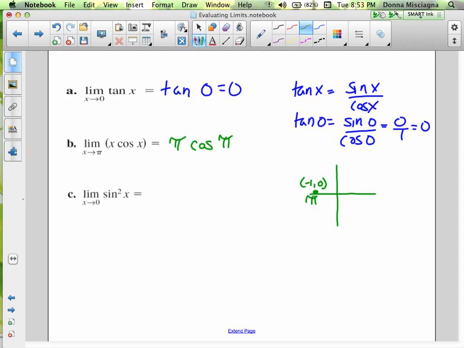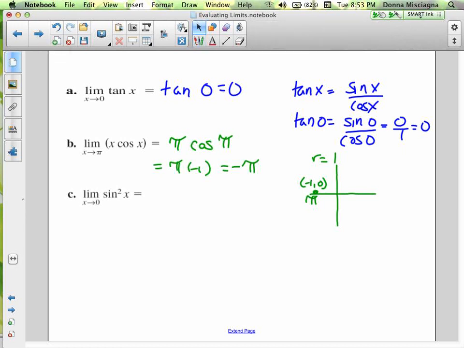Cosine is the x value, and r, the radius, is always 1 there. So our cosine would just be negative 1 divided by 1, or negative 1. So the value of our limit here is pi times negative 1, or negative pi.